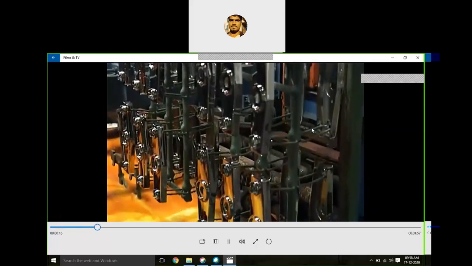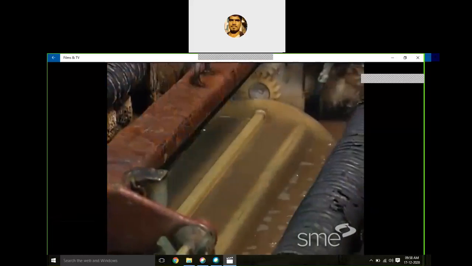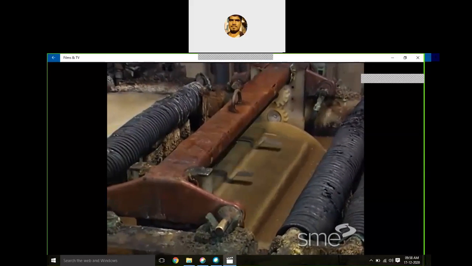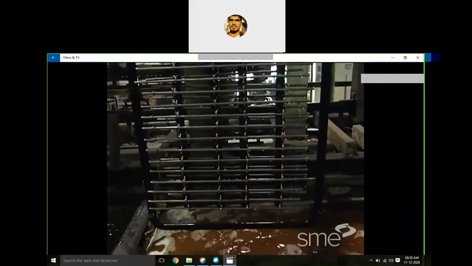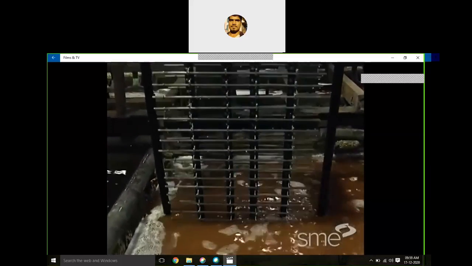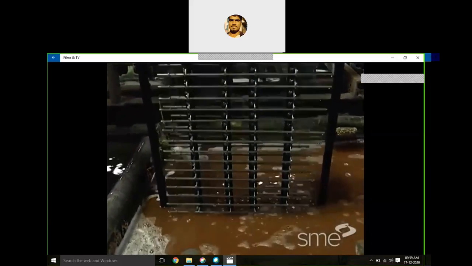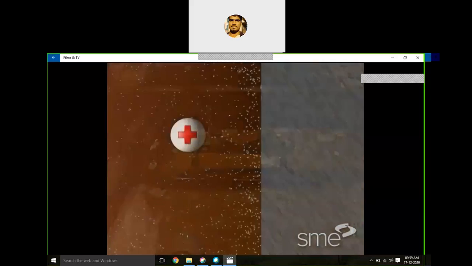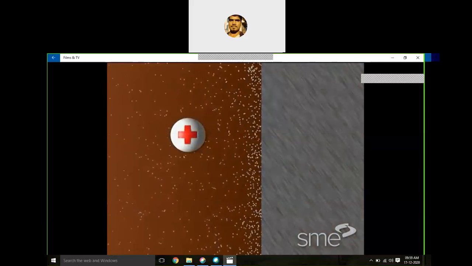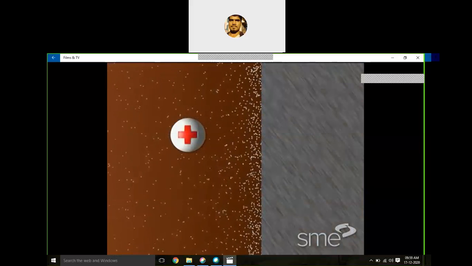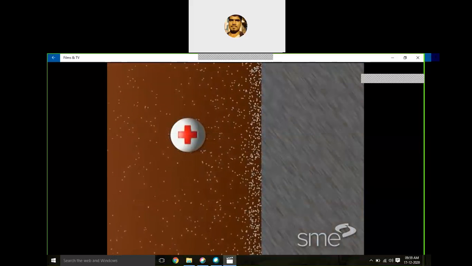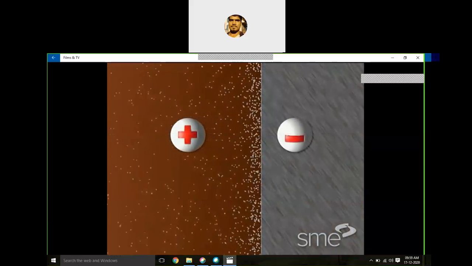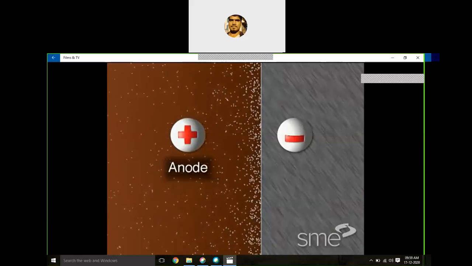These are cast parts of either cast iron or steel. Anode and cathode.